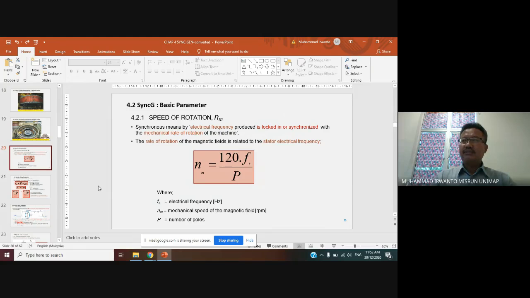I repeat again that the main construction of a synchronous generator is two main parts. The first is the rotor. The rotor is the mechanical part.